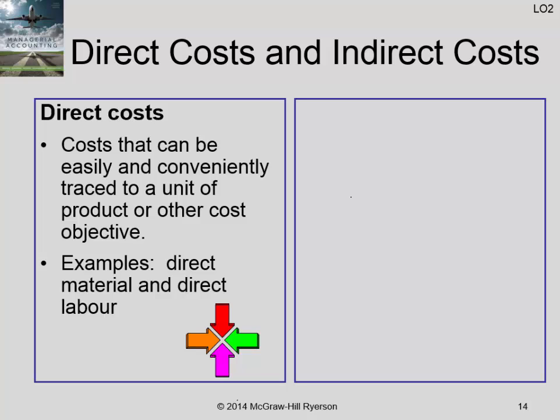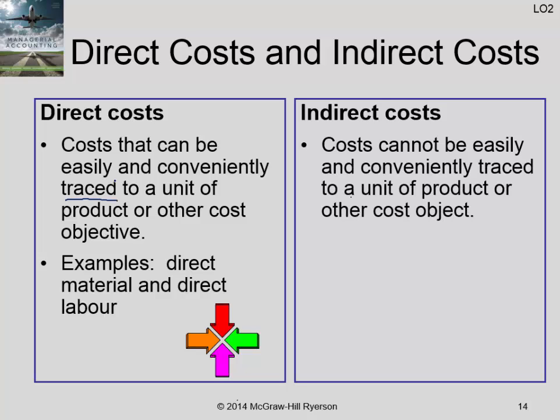These are costs that can be easily and conveniently traced to a unit of production. The standard examples there would be what we'll call direct material or direct labor. By contrast, the other category is what we'll call indirect costs.